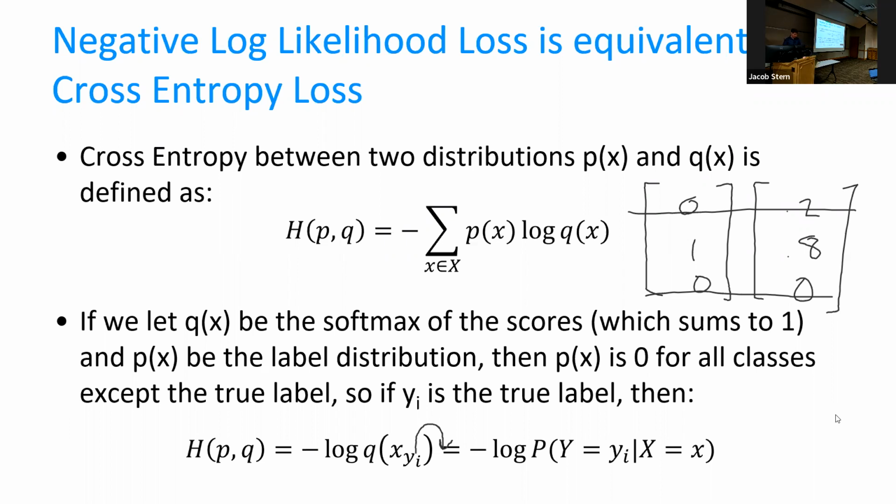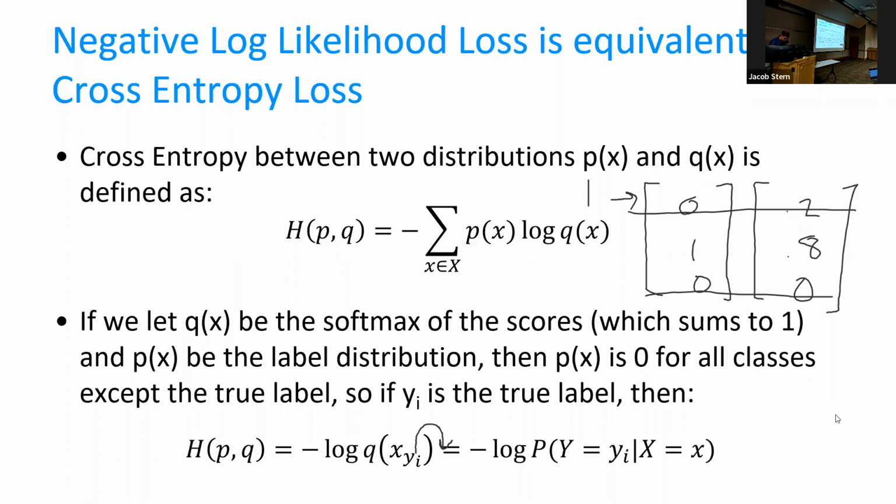So this kind of thing that I showed here is called one-hot encoding. So if we have integer labels like 0, 1, 2, you can map that into a vector with all zeros and then a single 1 under what that index would be.